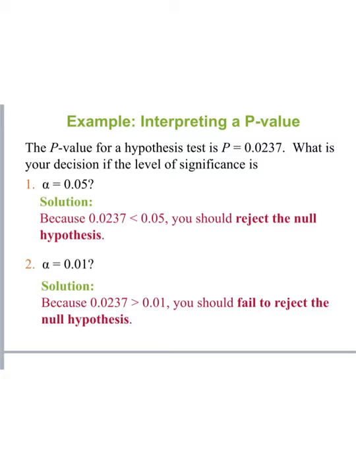What is your decision if the level of significance is 0.05? All you have to do is compare these two. And if the p is lower, you reject the null. On the other hand, with the same p-value but alpha 0.01, compare these. Now your p-value is greater than alpha. If that's the case, you should fail to reject the null hypothesis.